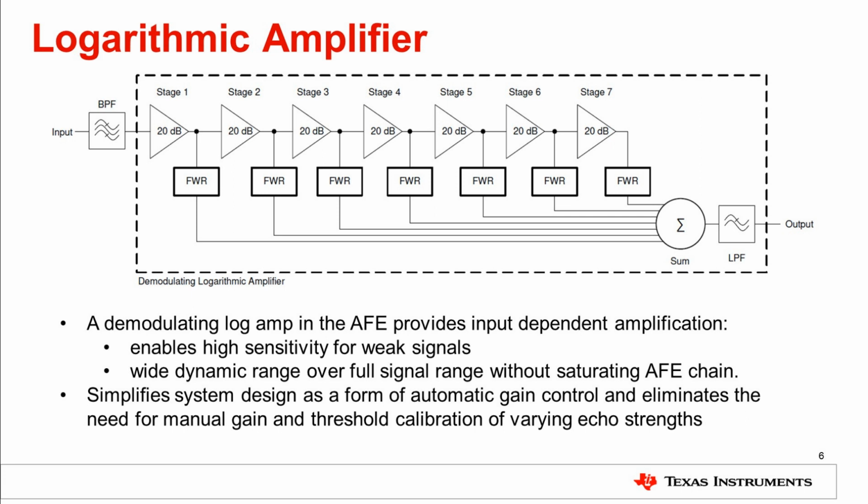Log amps are used as a form of automatic gain control in applications requiring large dynamic range of operation, fast settling time, and high bandwidth, such as an ultrasonic sensing system. The TUSS44X0 implements a demodulating type of log amp to calculate and detect the logarithm of the input envelope signal.